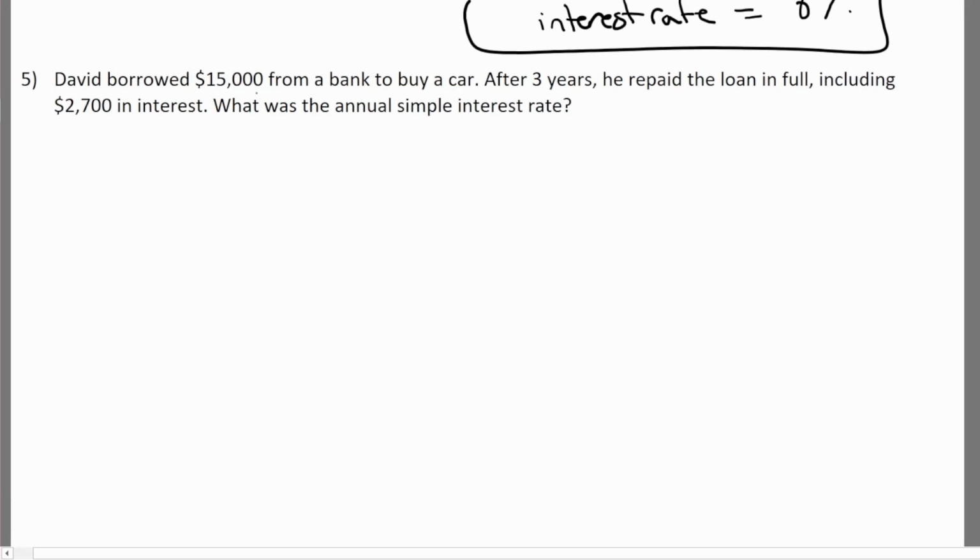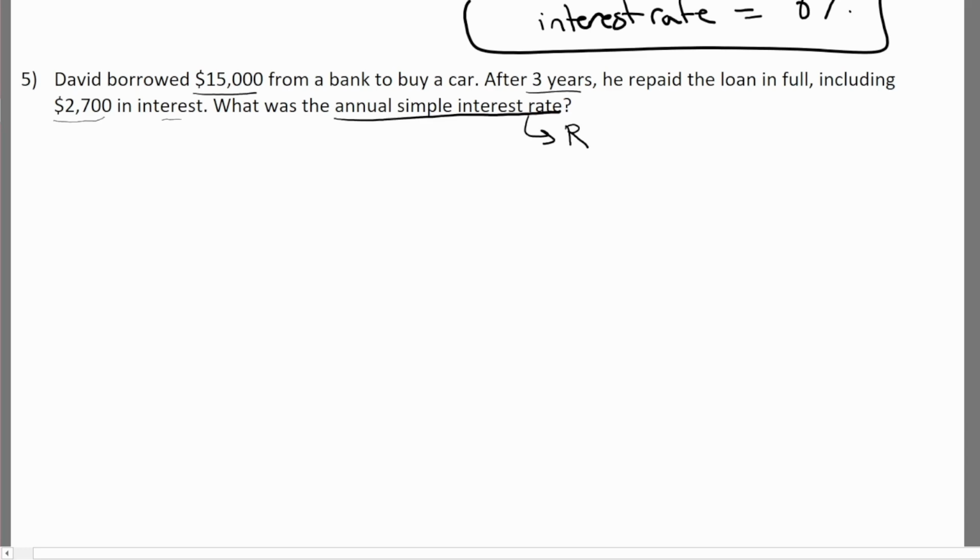David borrowed $15,000 from a bank to buy a car. After 3 years, he repaid the loan in full, including $2,700 in interest. What is the annual simple interest rate? So here we're being asked about the rate again.